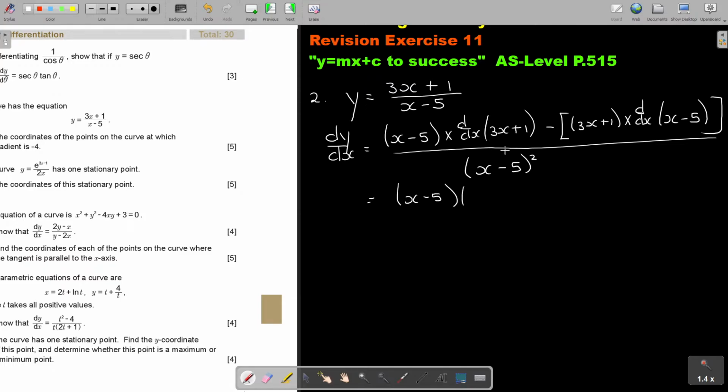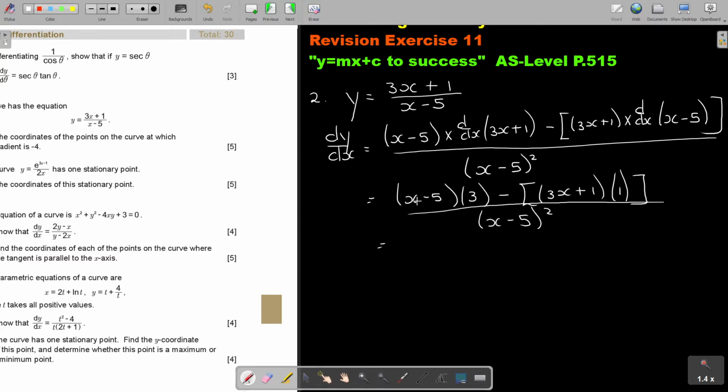And if I differentiate, this is just going to be 3 minus, and this is going to be 3x plus 1, and this is just going to be 1, over... okay, and I can first leave it like that. I don't think I have to multiply it out, not necessary.